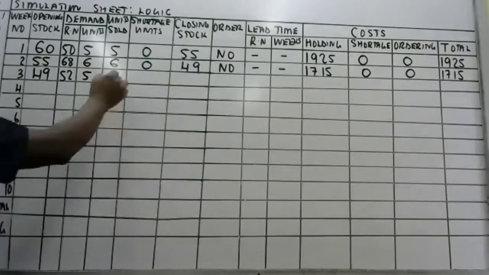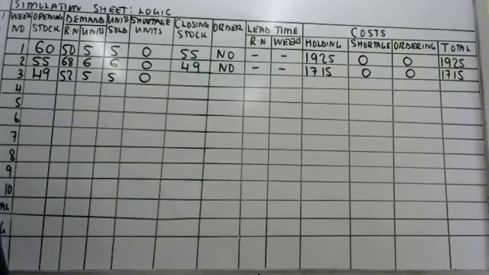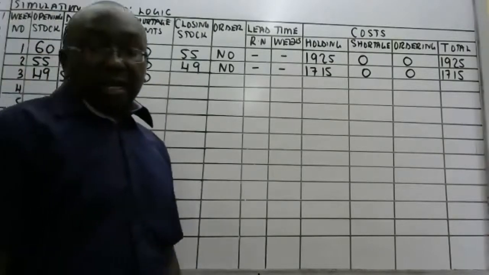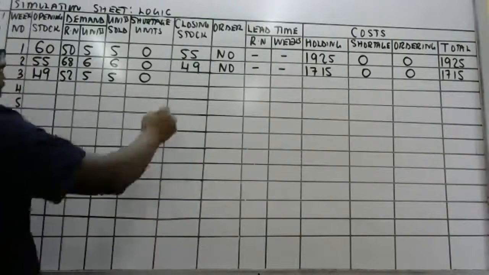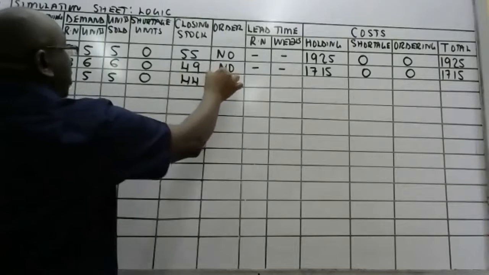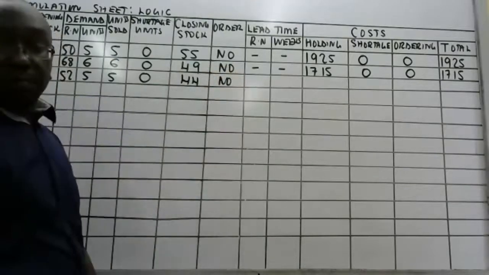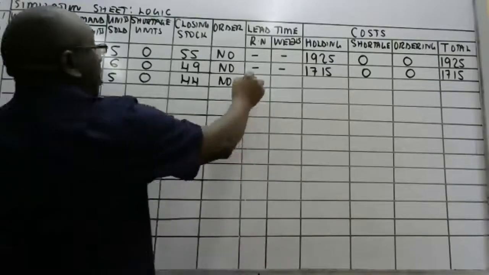So no one has the shortage. So the closing stock is how many units? Let me see that now from you. Good, 44. And we don't place the order because we are not yet below 40. So nothing in the lead time.